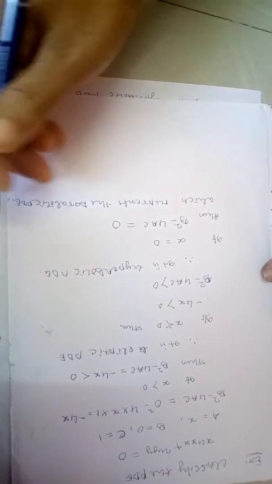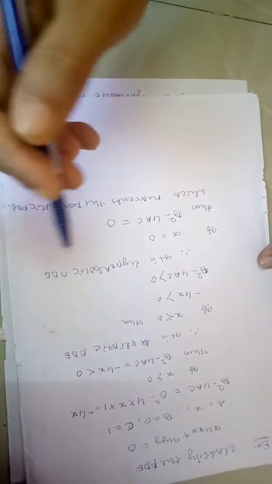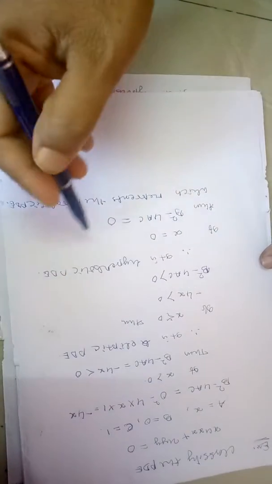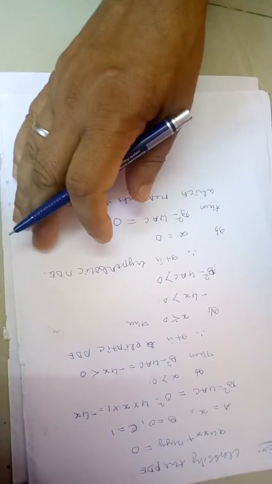So from there it is clear that if the coefficients of uxx, uyy, uxy are functions of x and y, then the nature of the PDE changes in each and every region of the xy plane.